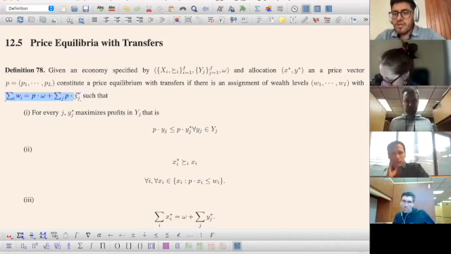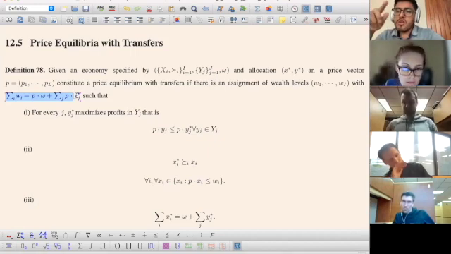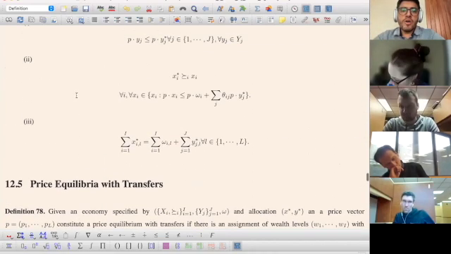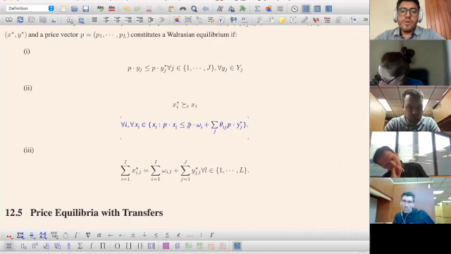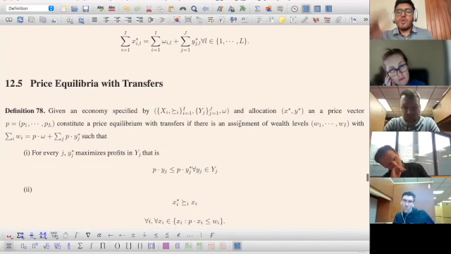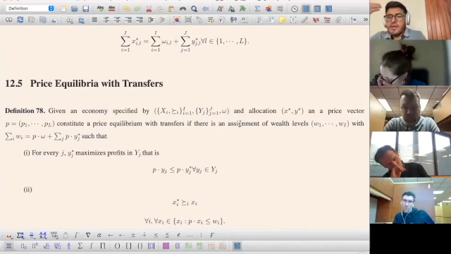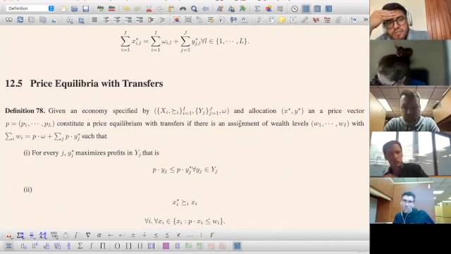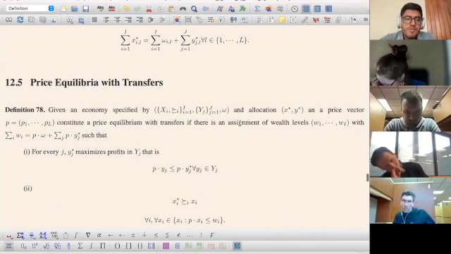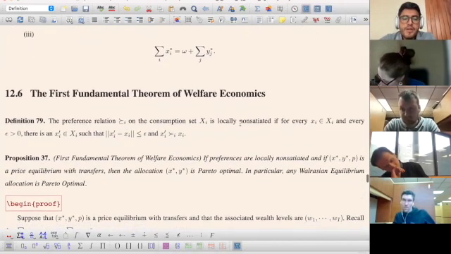So in that sense, the dependence of income on prices is only through the total income, okay? This is in stark opposition to the private ownership economy where individual income depends on prices directly, not through the aggregate income, okay? So these two economies are different, right? Of course, you can reproduce, essentially with price equilibrium with transfers, any outcome of the private ownership economy, right? That's going to be a little bit the result that we're going to have later.